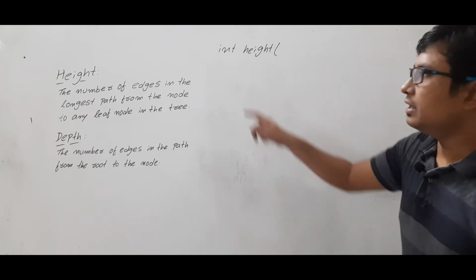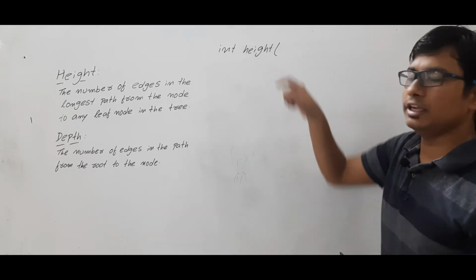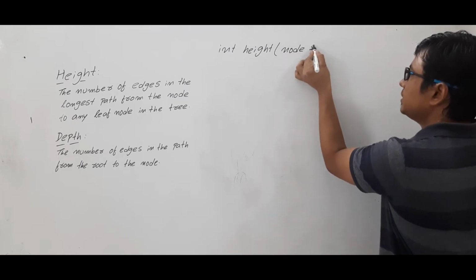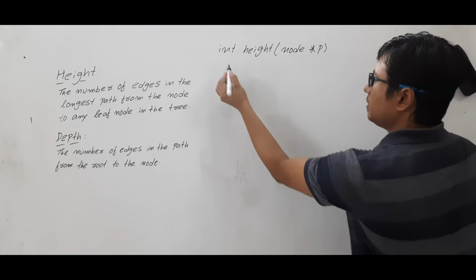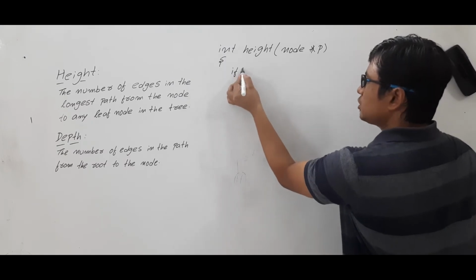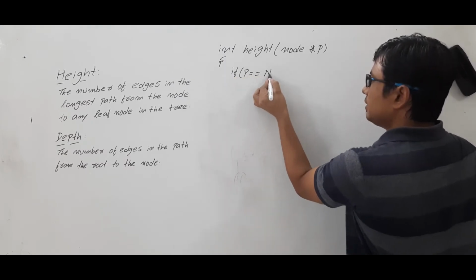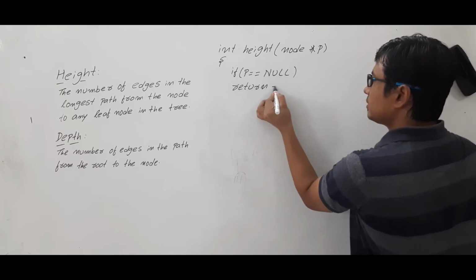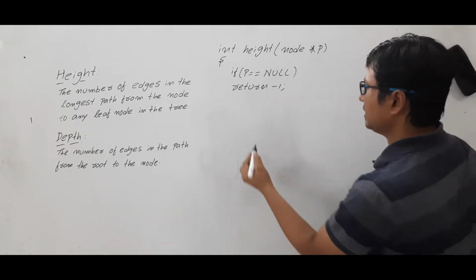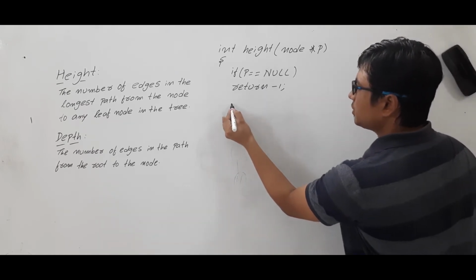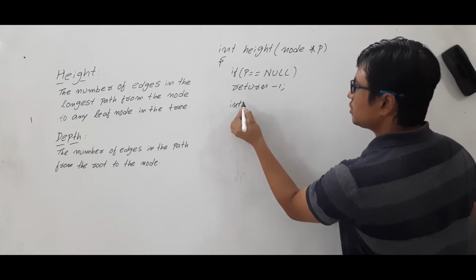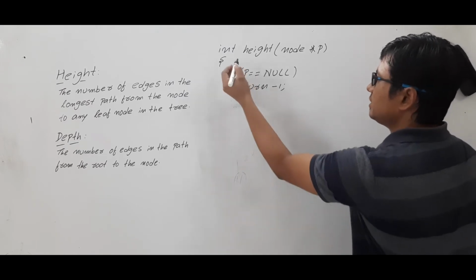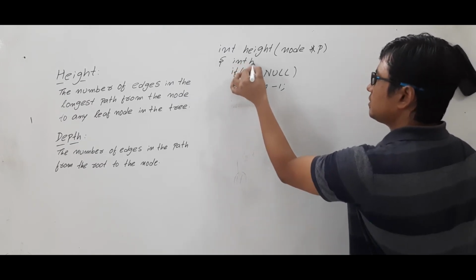The name of the function is height, and I am taking Node star p. If p is equal to null, then I need to return -1. Otherwise I need to compute some int h, let me write int h here.